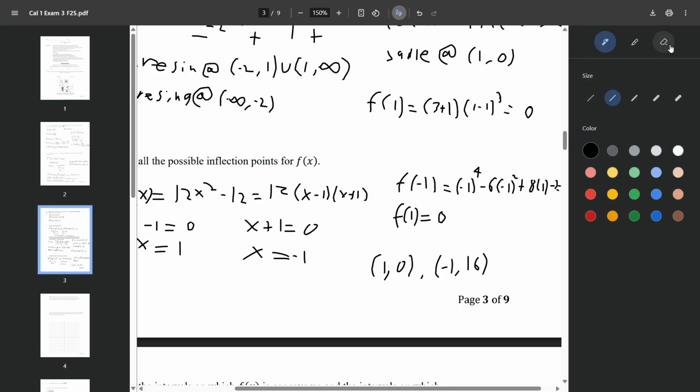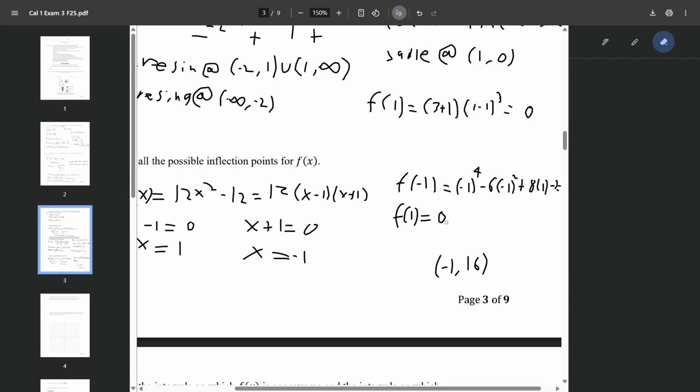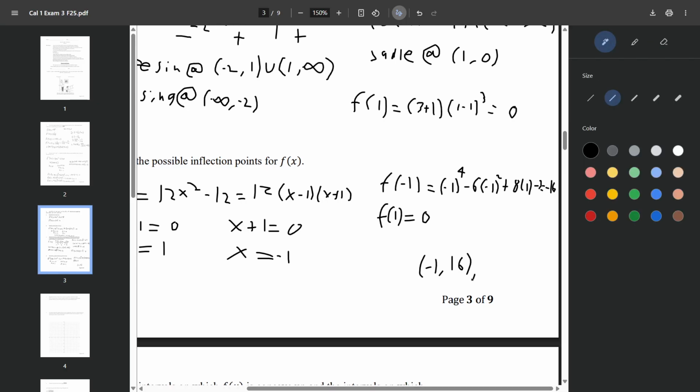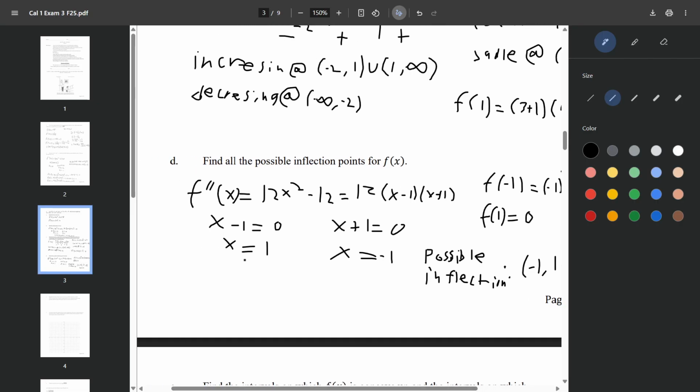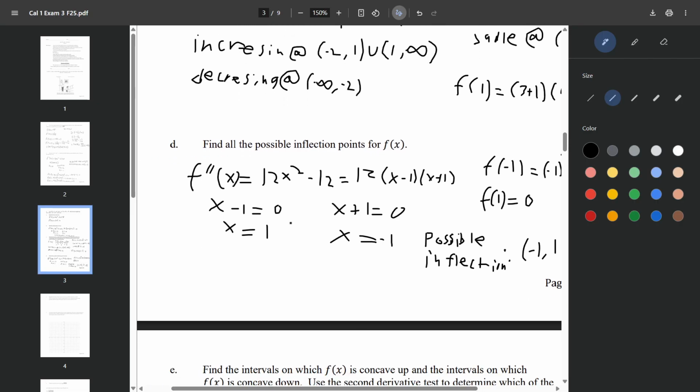Should probably flip the order just so we go from left to right in terms of value. Just labeling it so we know what this is. And that is all we have to do for D.